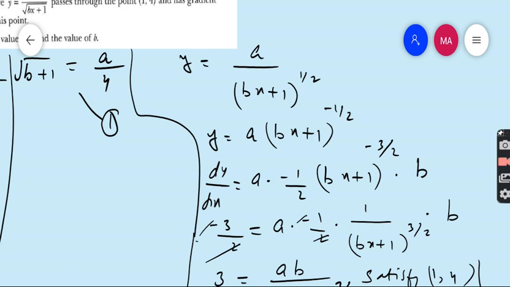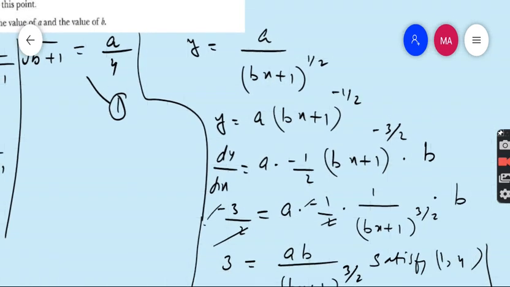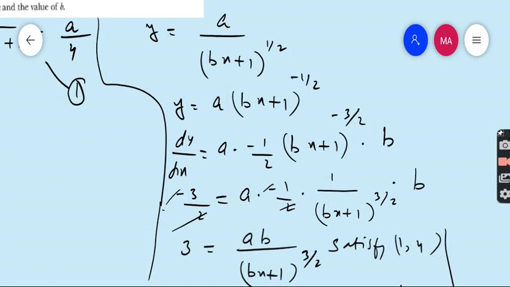Then dy by dx is given in the question as gradient minus 3 upon 2. So I replace correctly. So a, write a first, power minus 1 upon 2, then (bx plus 1) to the power minus 3 upon 2, because minus 1 upon 2 minus 1 is minus 3 upon 2, and bx plus 1 derivative is b.